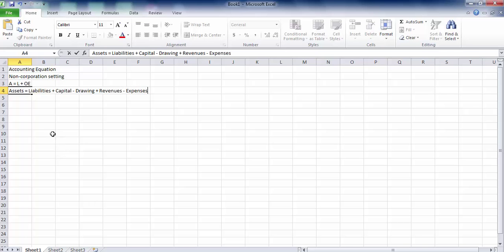So this is the accounting equation in more detail, and basically what I did is I just blew up the equity section to show you the four components. So we know that capital and revenue have plus signs in front of them. Those two accounts make your equity account go up. Drawing and expenses, however, have minus signs in front of them, and they make your equity go down. So just a couple little tidbits associated with that.